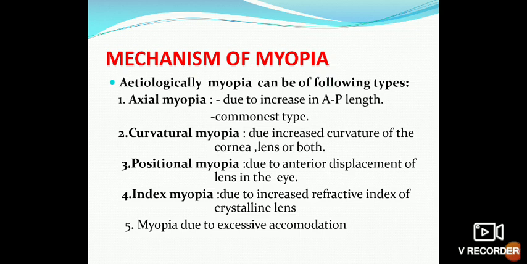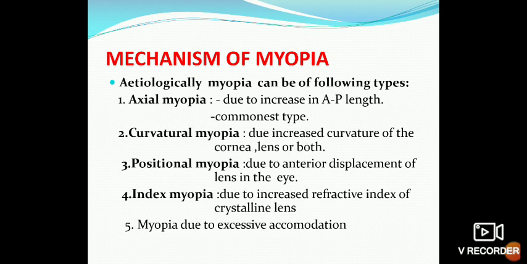It will relax the zonules, and because of the zonular relaxation, the anterior surface of the lens will acquire a more curved surface, and because of this, the total power of the lens will increase. As the power of the lens increases, automatically the total effective power of the eye will increase, and again it will focus incoming light rays in front of the retina, leading to myopia.